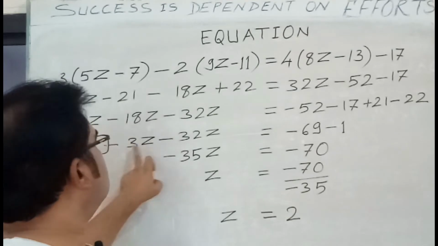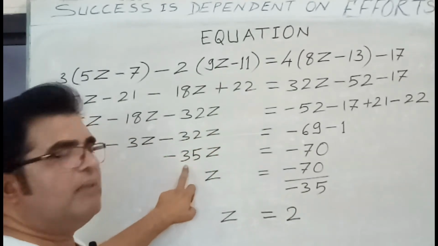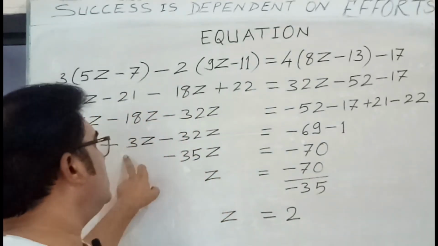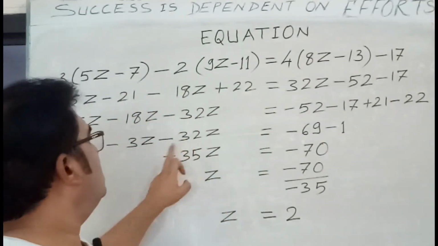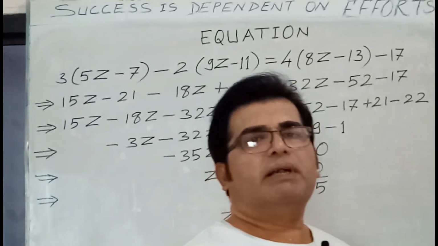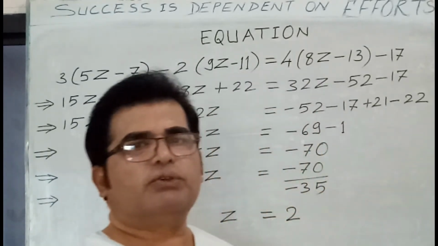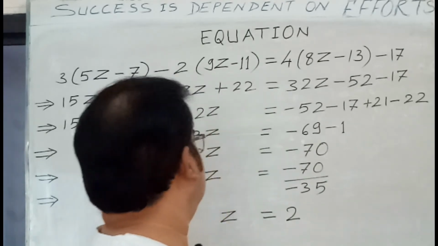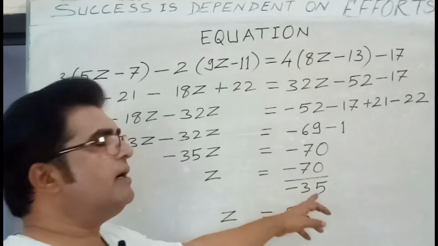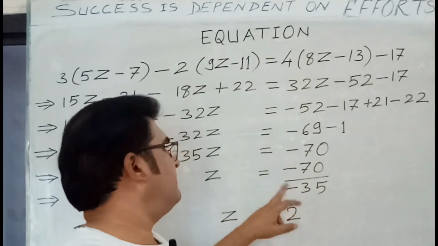And on this side minus 3z, minus 32z, minus 35z. Same thing is happening here also. Two negative integers, so we add them and the sign will be negative, but it is an algebraic term, so z should be written.